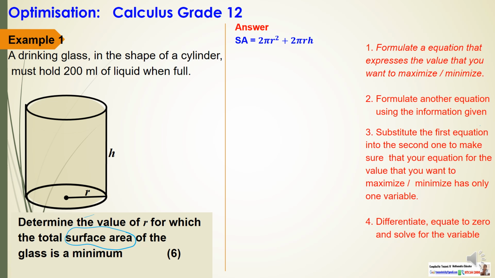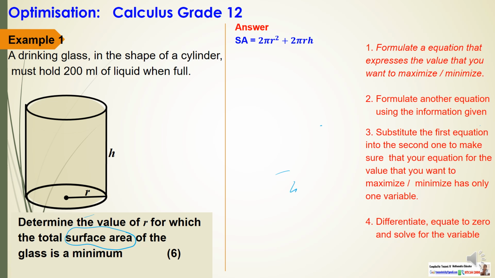Secondly, we must differentiate this equation and equate the derivative to 0. But before we differentiate, we must make sure that our equation has one variable only. If we look at our equation right now, we have different variables.